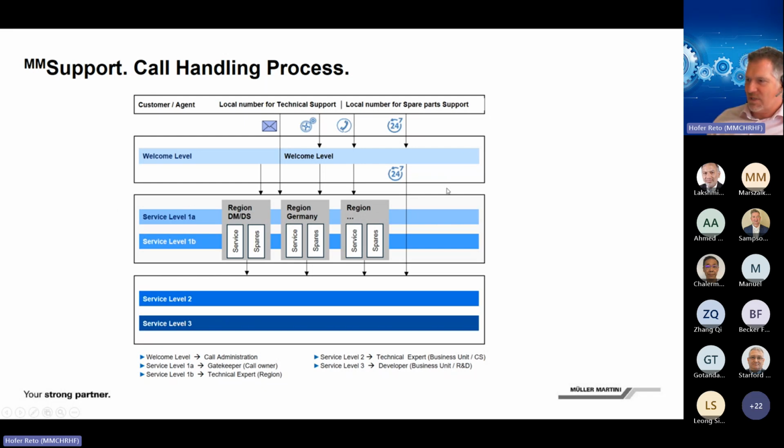Then we have first level support that is provided by the local market organizations or by our agents. Probably internally you have an escalation that you can send out to your service technicians. And then if that is not sufficient in order to support the customer, then you have the ability to escalate into the business units.